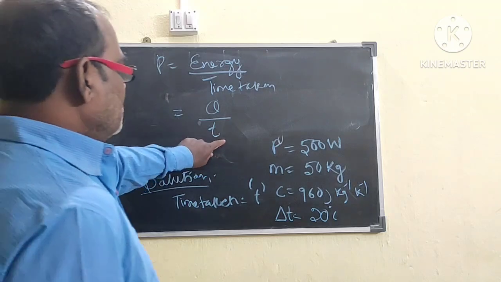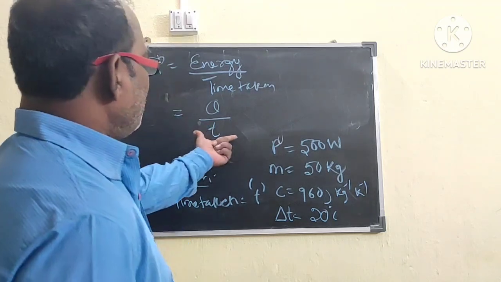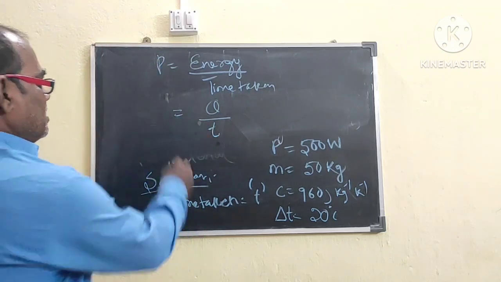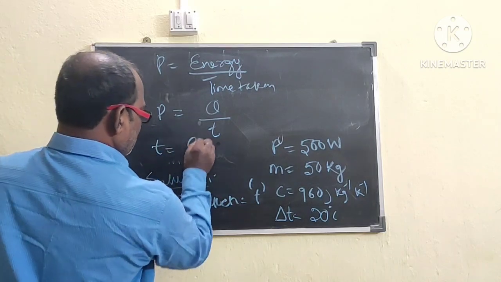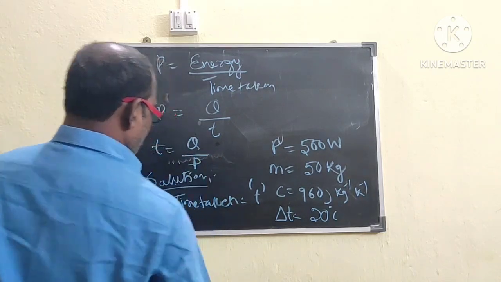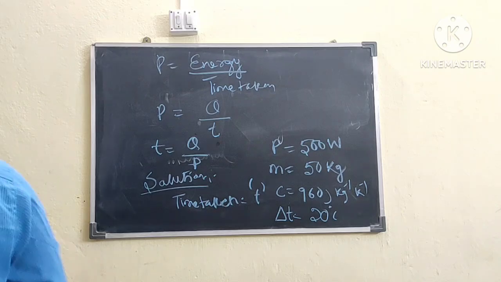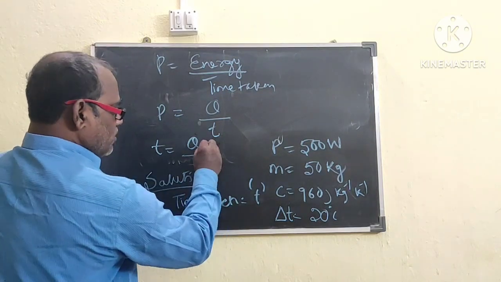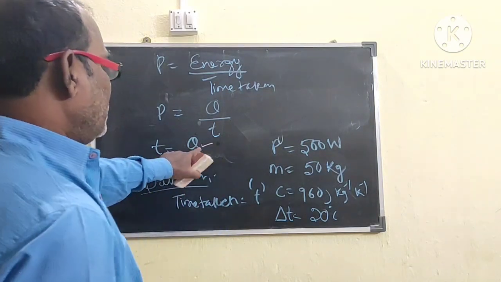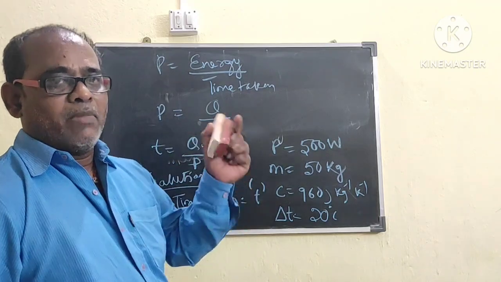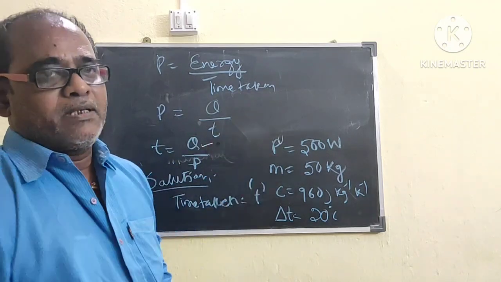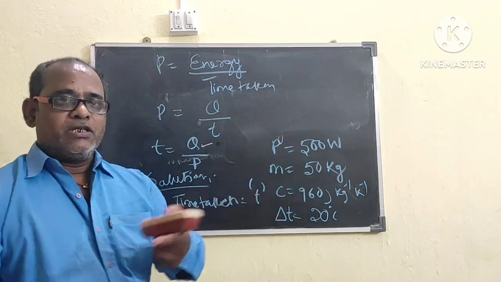So you have to calculate T. To find out T, let us bring this T to the left hand side and we get T is equal to Q by P. Now what is Q? Here Q is the heat energy. We know that heat energy here is mass multiplied by specific heat capacity multiplied by change in temperature.